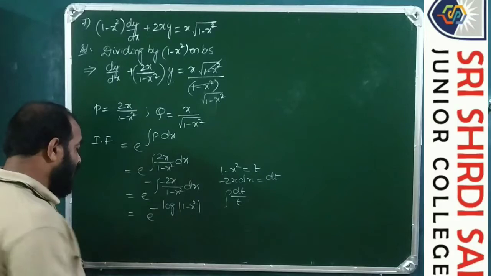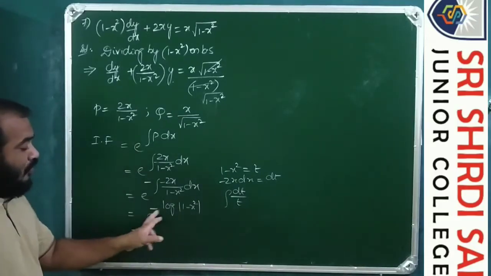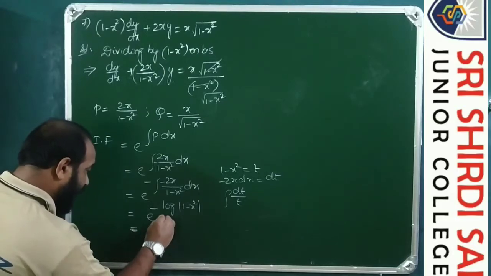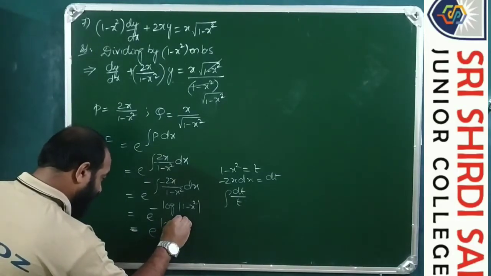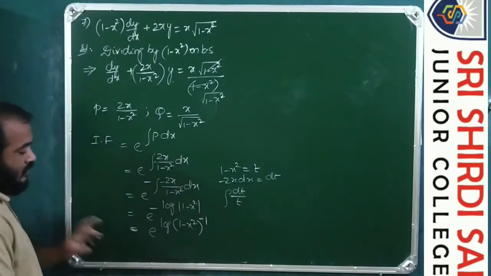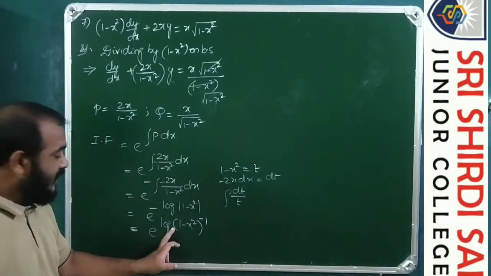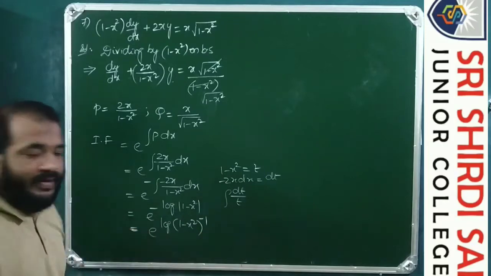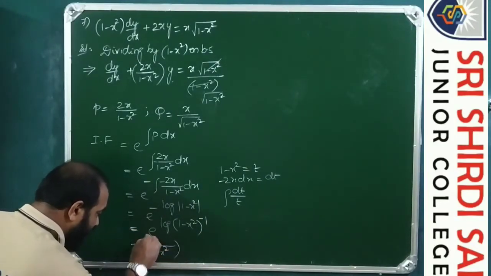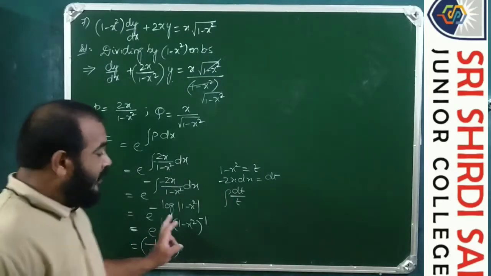Now this equals e power minus log (1 minus x square), which can be written as e power log of (1 minus x square) whole power minus 1. So e power log gets cancelled. (1 minus x square) power minus 1 is 1 by (1 minus x square). So this is the integrating factor.